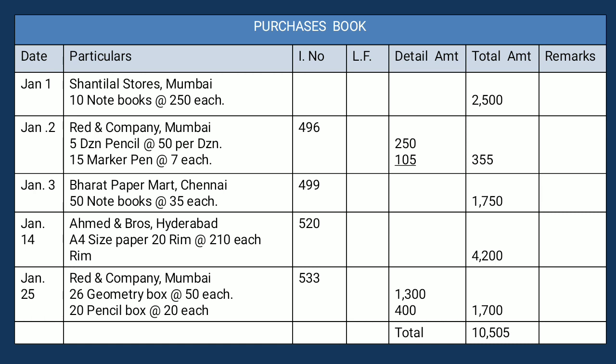After recording all the transactions, we find the total for that month: 2500 plus 355 plus 1750 plus 4200 plus 1700. The sum of all these transactions is 10,505, which we record on this side.